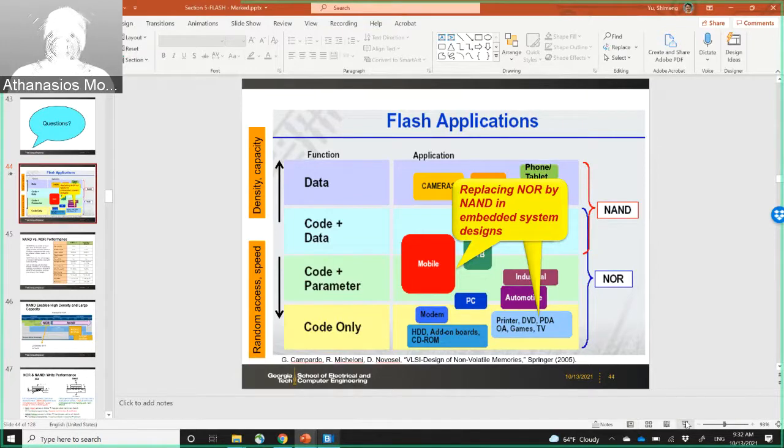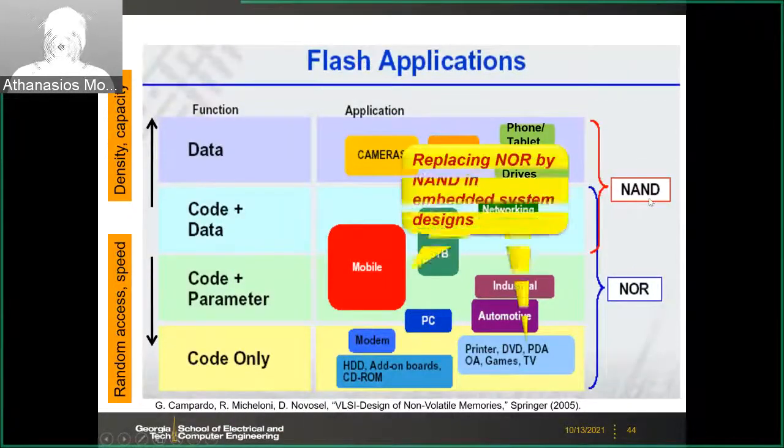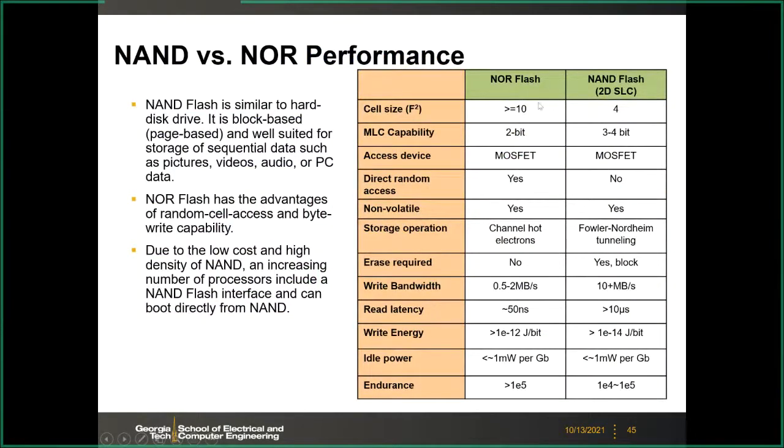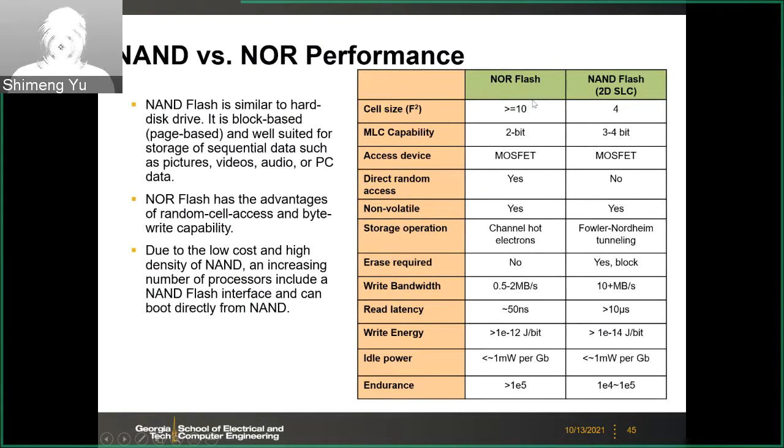Thank you. So here basically we compare the NOR flash and NAND flash. And NAND, of course, will be the focus of this course as it becomes the mainstream of the flash technology. In this table, we briefly compare the key metrics between the NAND flash and NOR flash. As we just mentioned, the NAND flash is good for data storage, like your pictures, videos, audios.